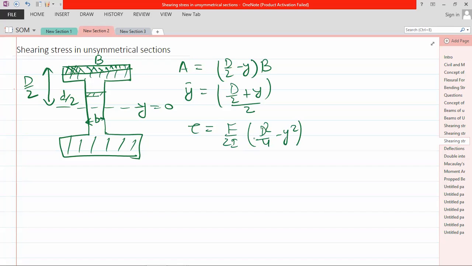Okay. Now, what if I came in between? Suppose I came here. Now, what will be the change? The change is that capital D will change to small d. Then tau is equal to F by 2I.